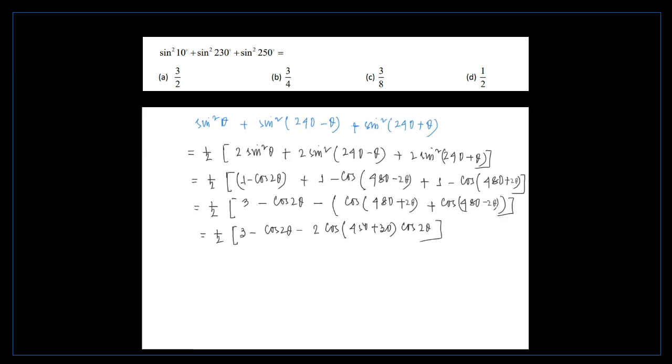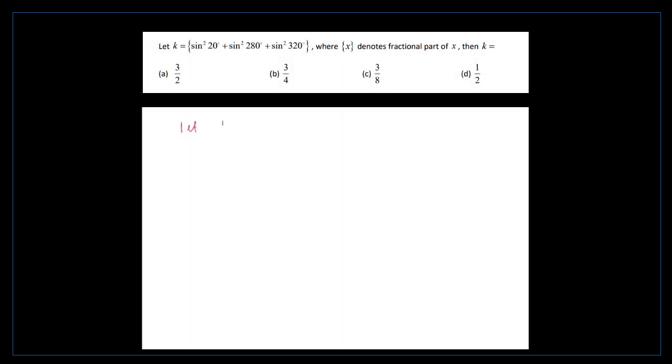Now 450 plus 30 is 5 into 90 plus 30. 5 means it is odd, so it will be sin 30. This is in the second quadrant, so automatically it will be negative. So ultimately we get 1 by 2 into 3 minus cos 2 theta plus cos 2 theta, and that gives us the result 3 by 2. So if we have sin square theta plus sin square 240 minus theta plus sin square 240 plus theta, the answer is 3 by 2. This is what exactly we have implied.